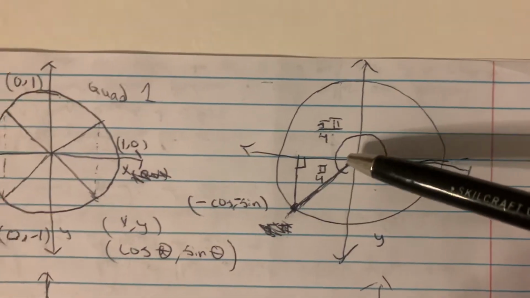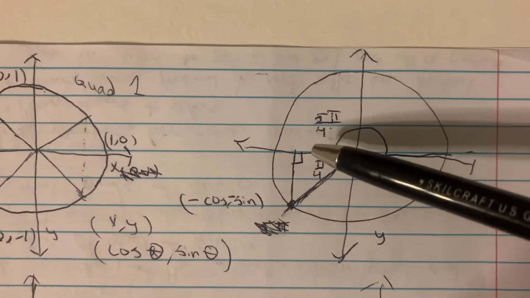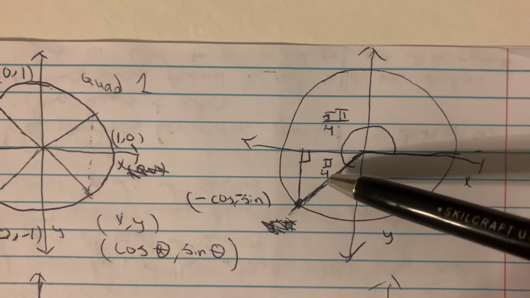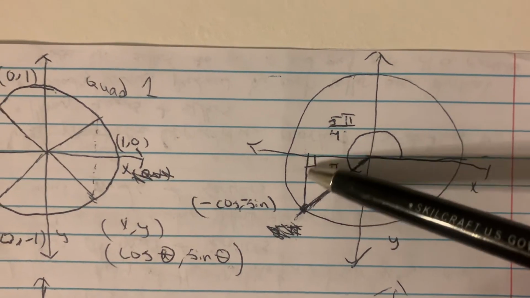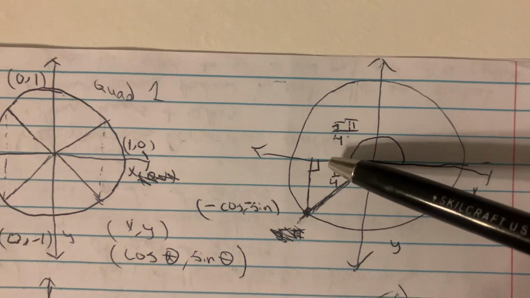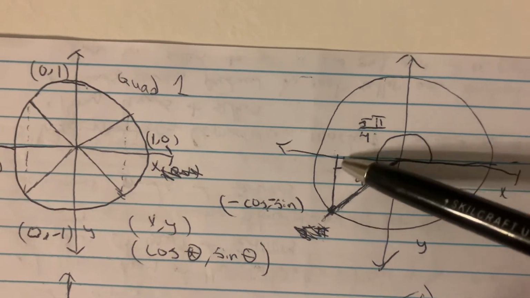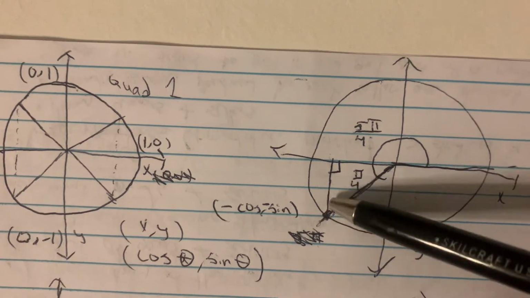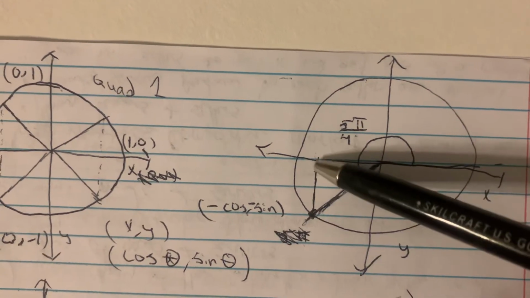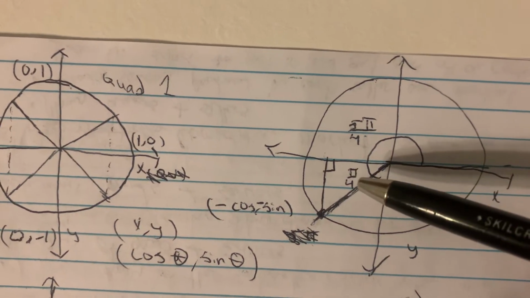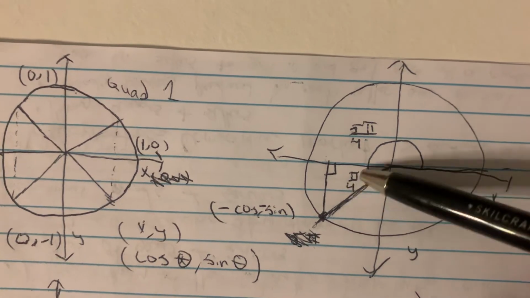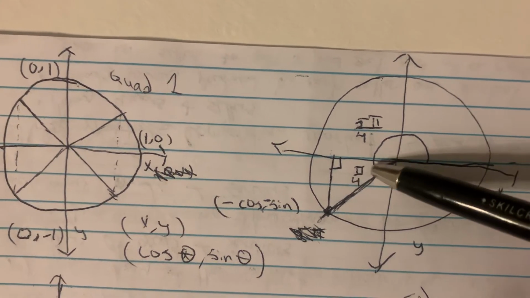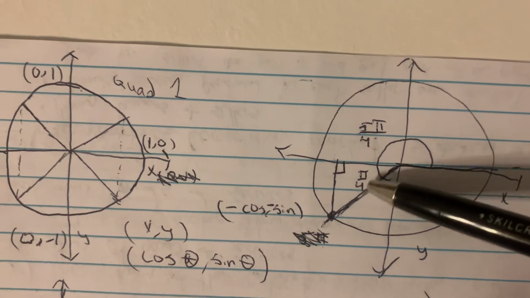Okay, so once we have those reference angles, we can find the values. From here we have 5 pi over 4. Our reference angle will be pi over 4. So from here we draw a perpendicular line to the x-axis, and this angle here will be pi over 4.